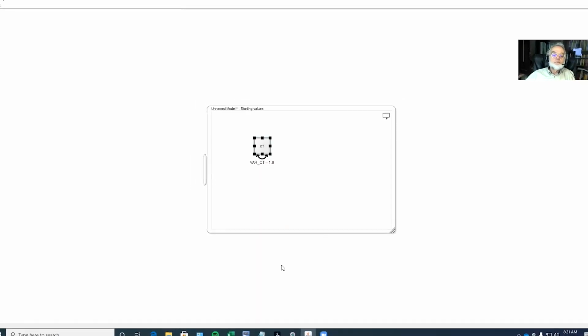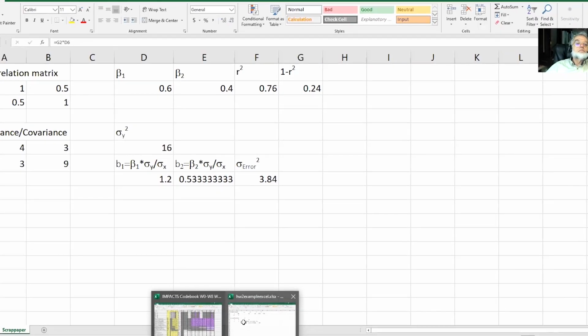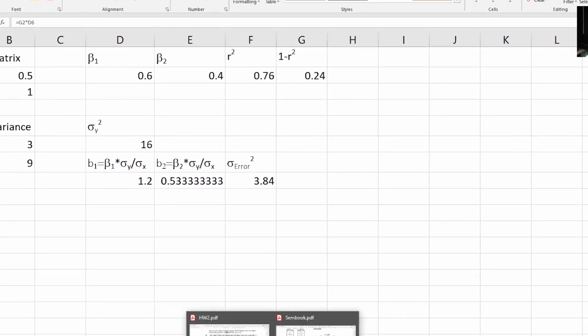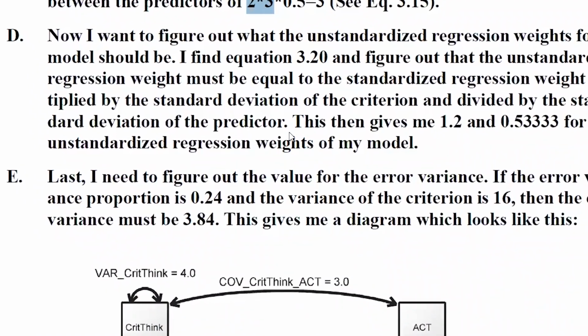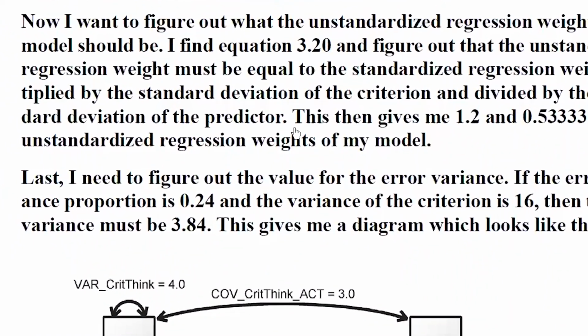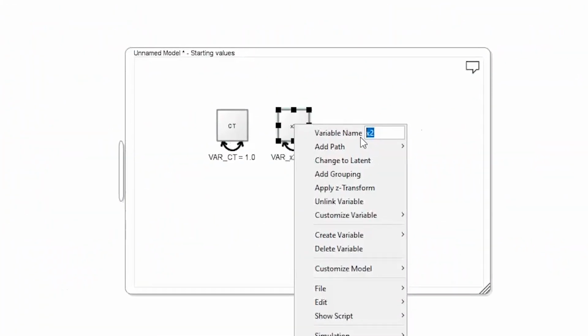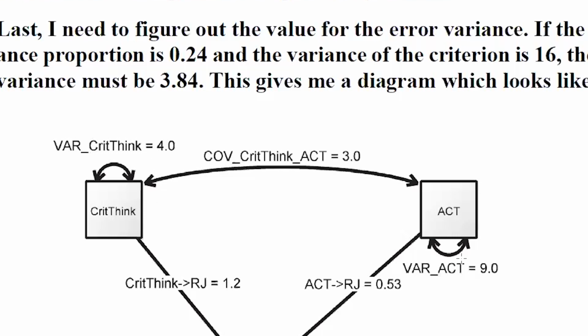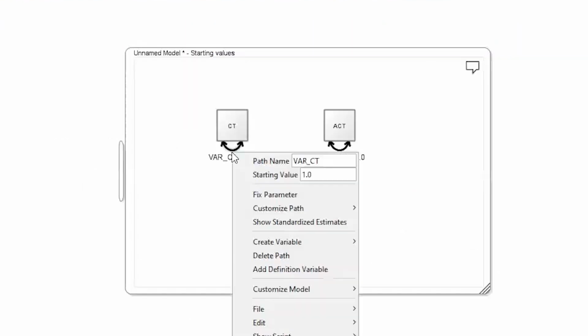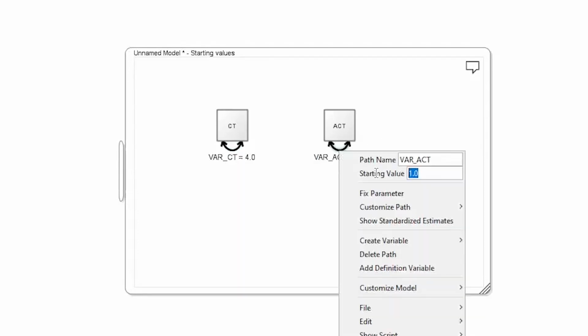And over here, we'll make a variable and call that ACT. The variances of critical thinking and ACT were chosen to be 4 and 9, respectively. So I can put the number 4 here, and over here I can put in the number 9.